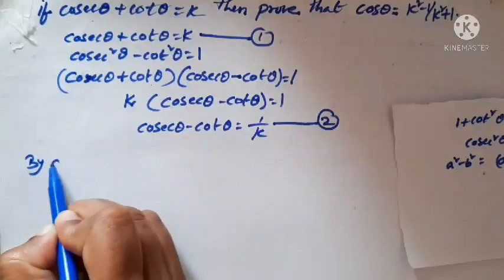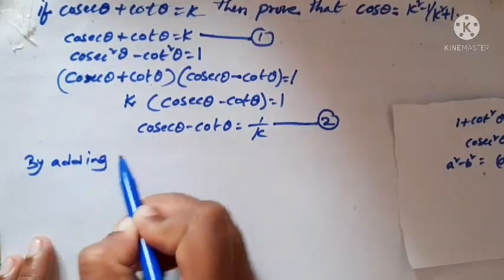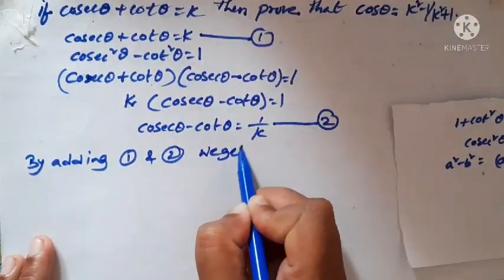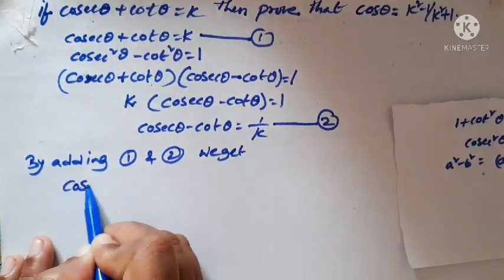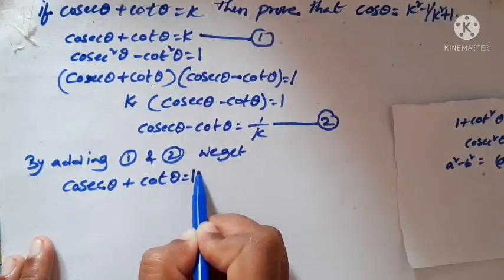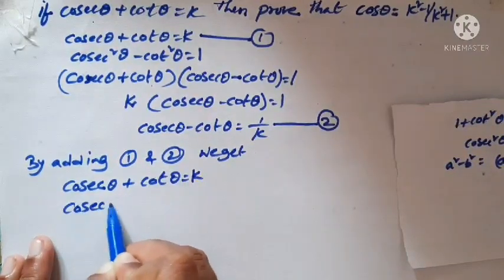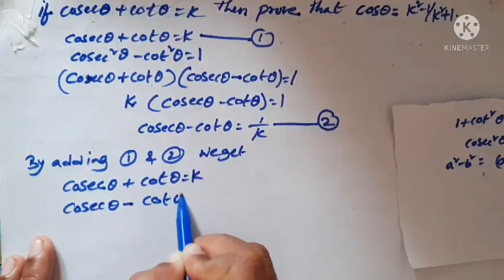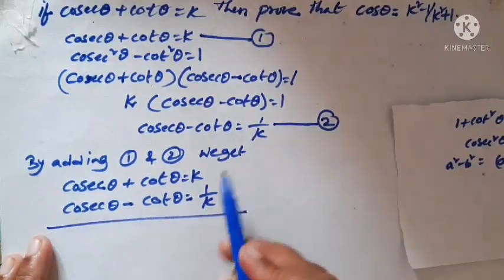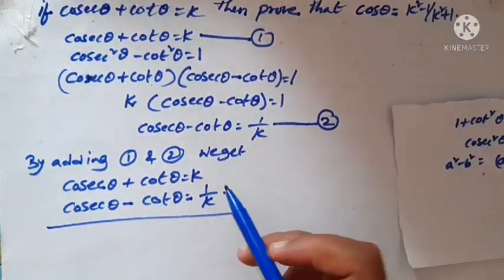Now by adding equation 1 and equation 2, you get, write again, cosecant theta plus cot theta is equal to k. Cosecant theta minus cot theta is equal to 1 by k, the second equation. And now add these two equations.